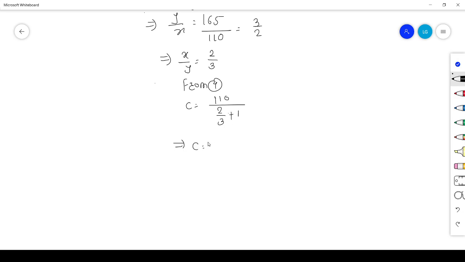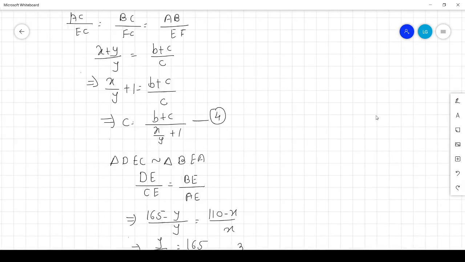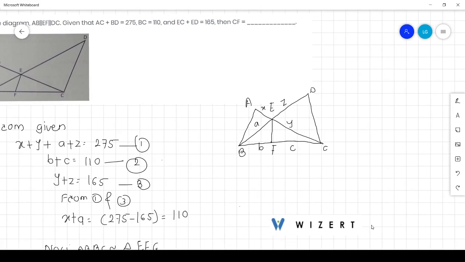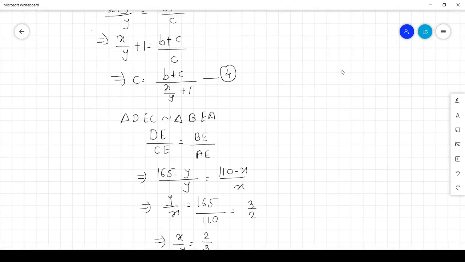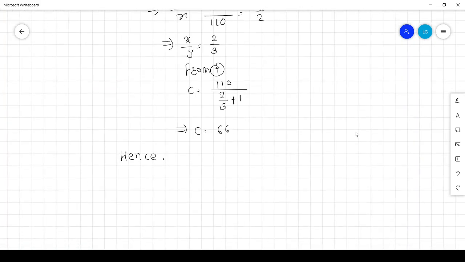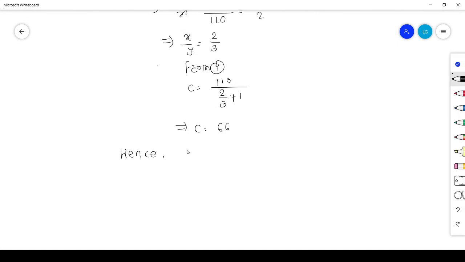So C is 110 divided by 5 by 3. That is 66. Hence, here we consider CF as C. So the length of CF is 66.